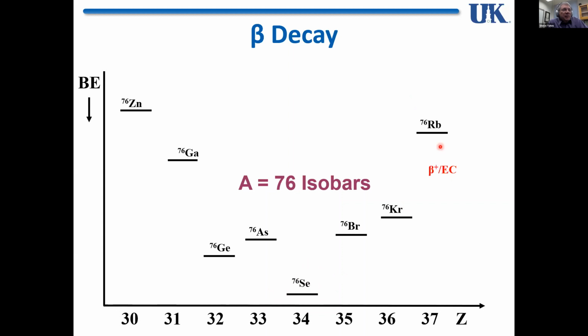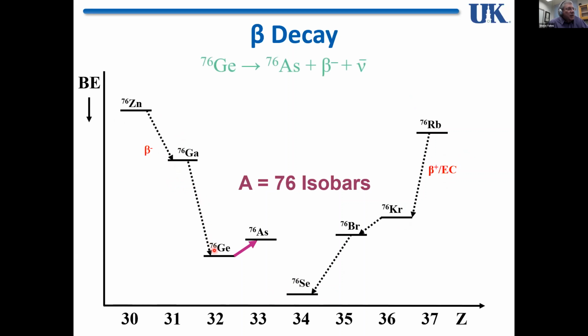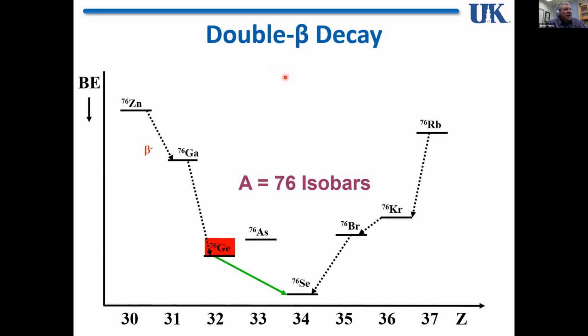If we have things produced on this side of selenium 76, then the positron emission and electron capture decays would occur as follows. If you have things produced on the other side, then you're going to get beta decay, and eventually you're going to end up at germanium 76. Germanium 76 can't energetically undergo this transition to arsenic 76, but there is another decay mode possible, and that would be the double beta decay as shown here.